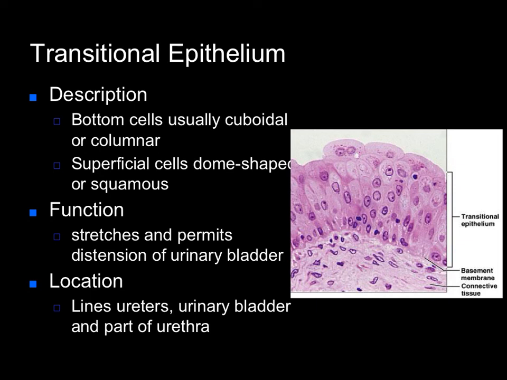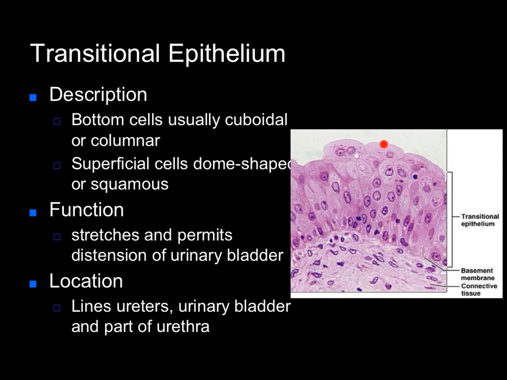Okay, lastly, last tissue here, we have transitional. Transitional is just that. It goes from looking cuboidal or columnar to, in fact, looking squamous. Now, the bottom cells here, if you look closely, are going to be your columnar or cuboidal.